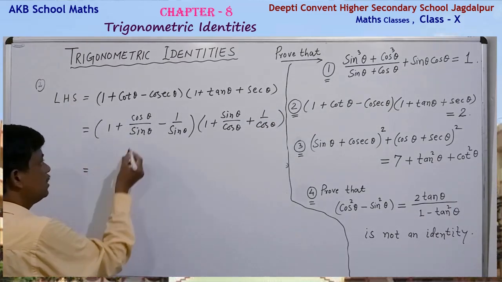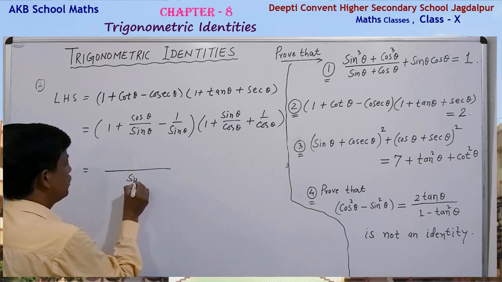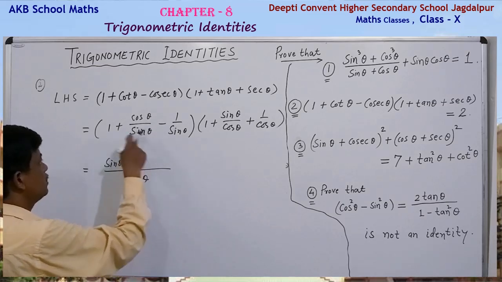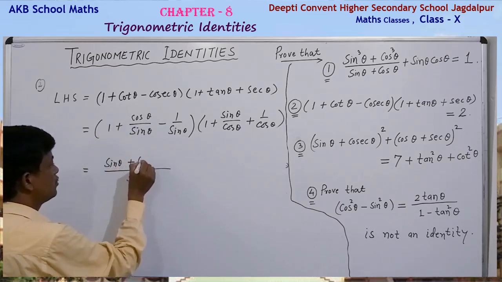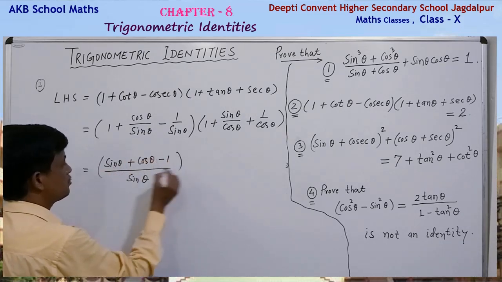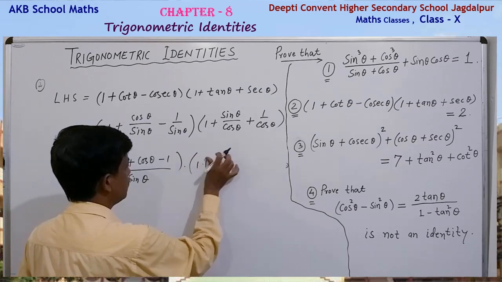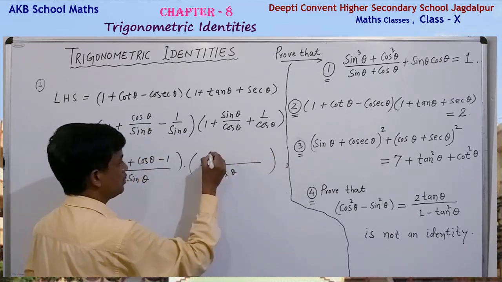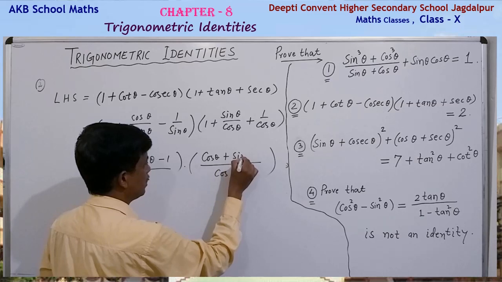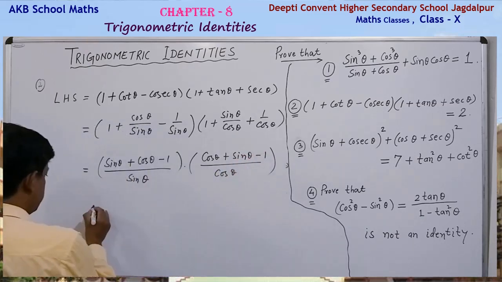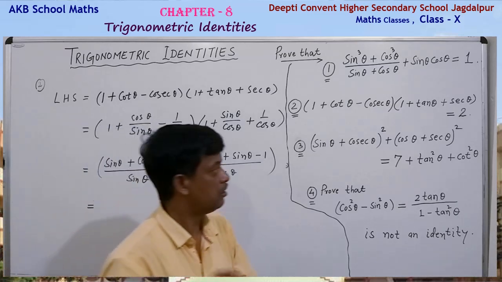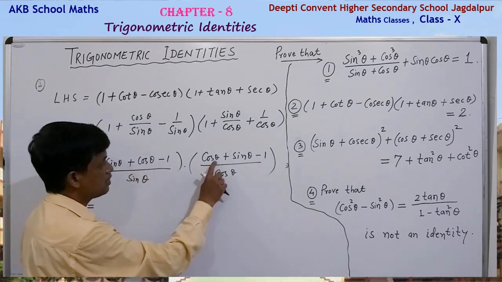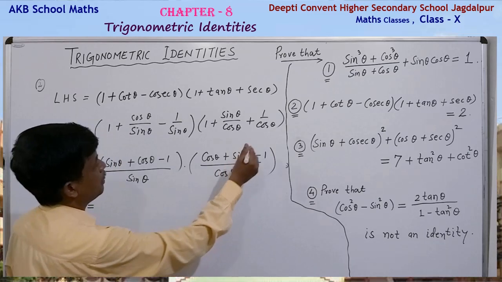So here, taking the LCM, what will we get? (sin theta plus cos theta minus 1) upon sin theta for the first factor. For the second, also taking the LCM, cos theta, we get (cos theta plus sin theta plus 1) upon cos theta. Now we are trying to find the value as 2.